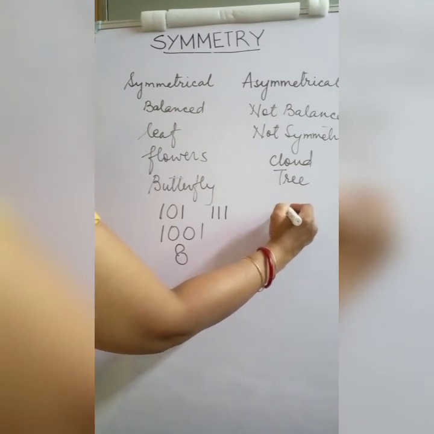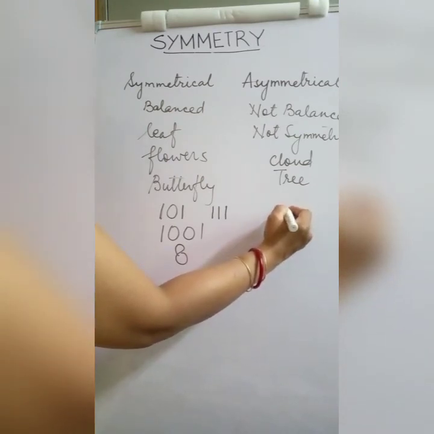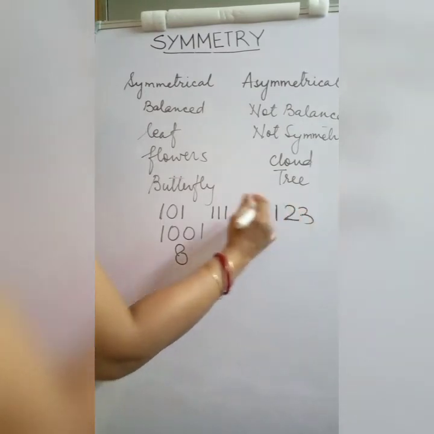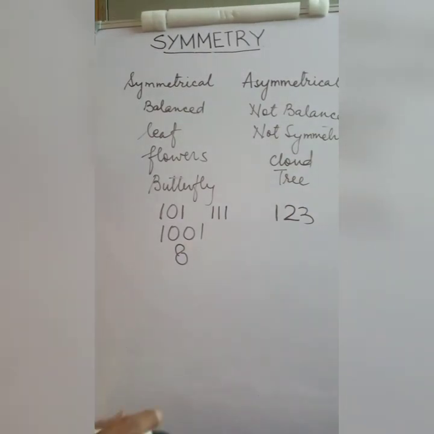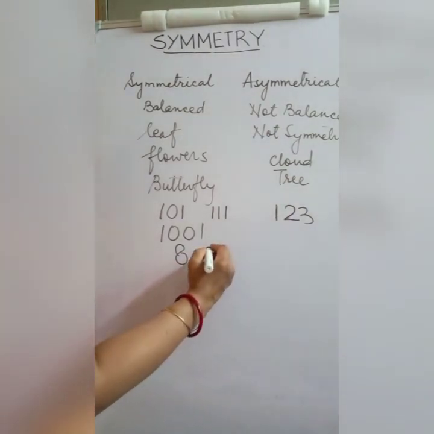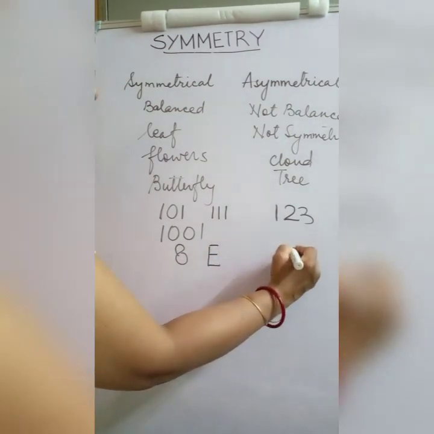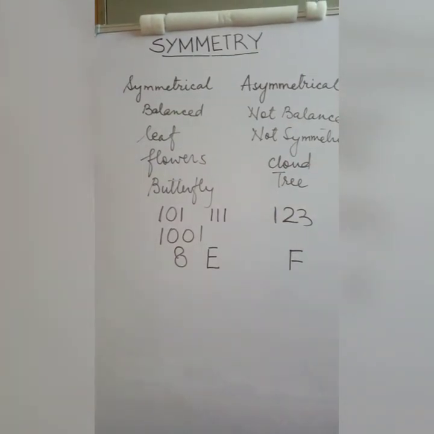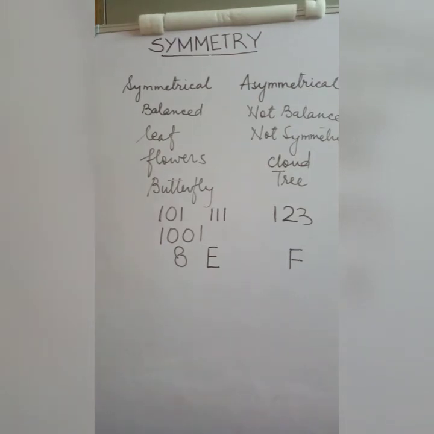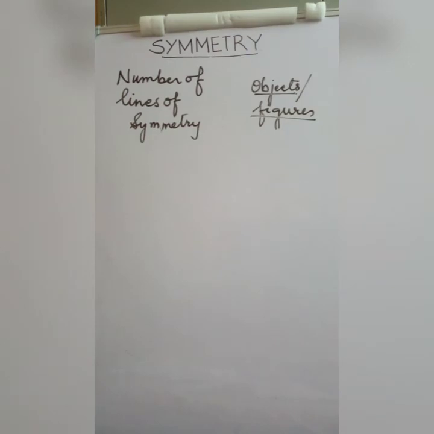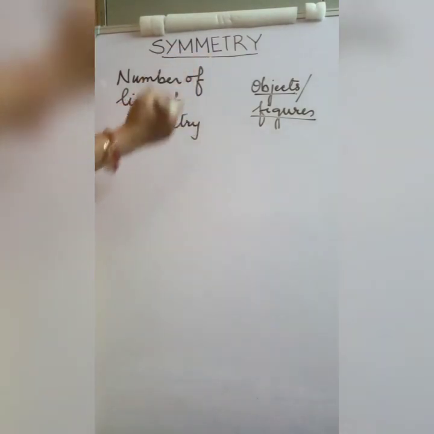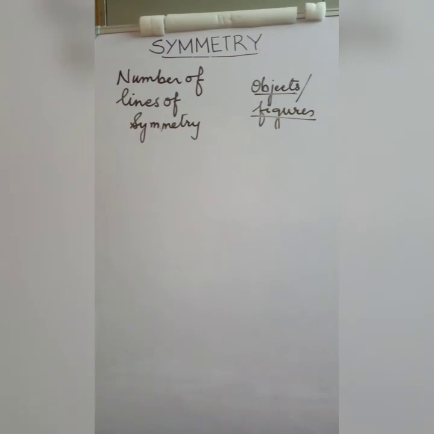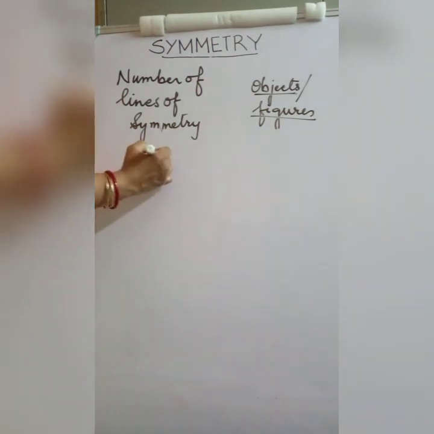But the numbers like 1, 2, 3, they are not symmetrical. Alphabets like E symmetrical and F non-symmetrical. Children, we will talk of number of lines of symmetry and the objects or figures where there is no line of symmetry.